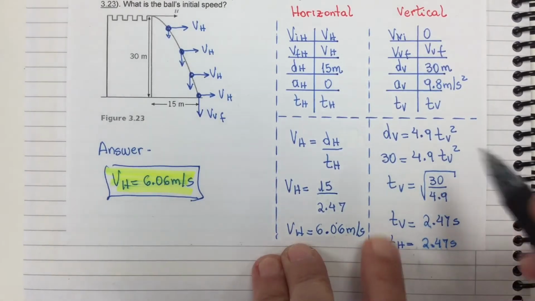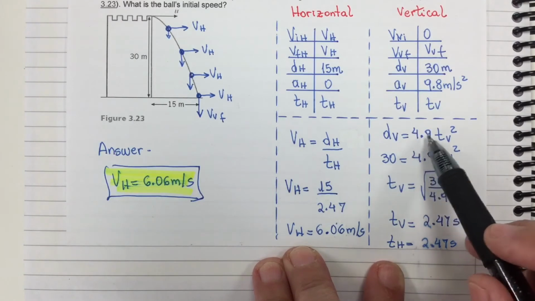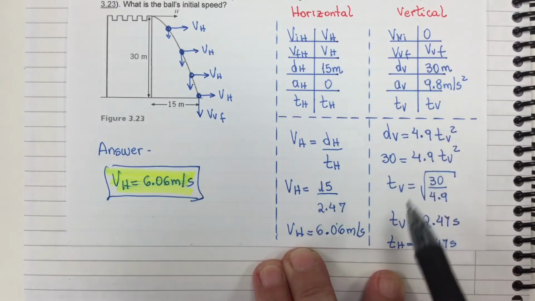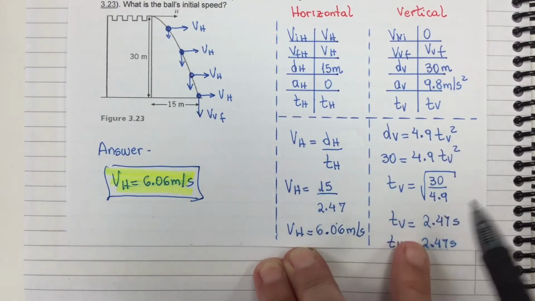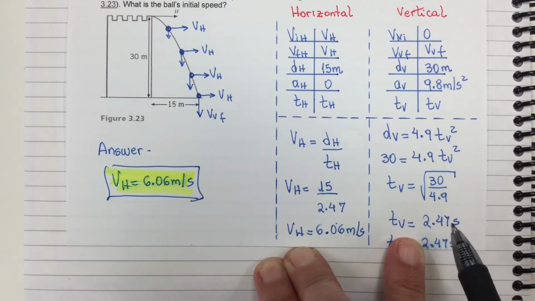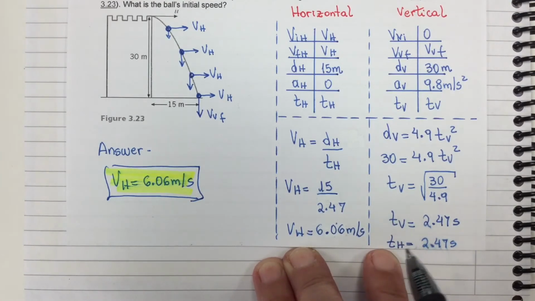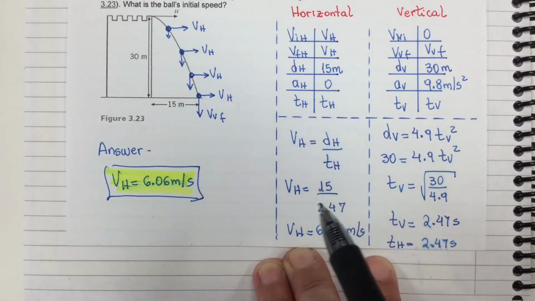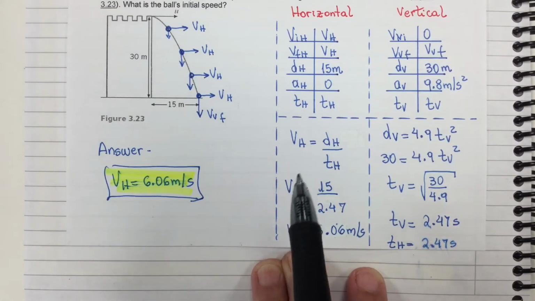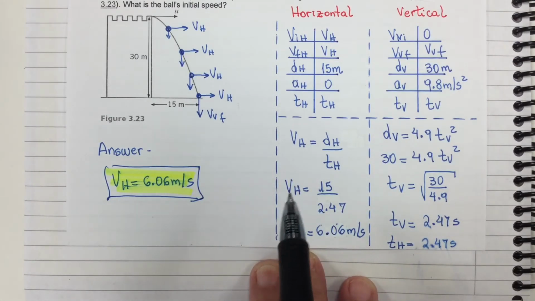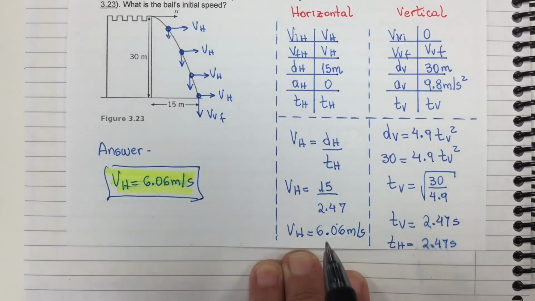So here we have dV is equal to 4.9 TV squared. So doing my substitution, my TV is 2.47, which is the same as TH. And then I can calculate the value of the horizontal velocity, which is 6.06 meters per second.